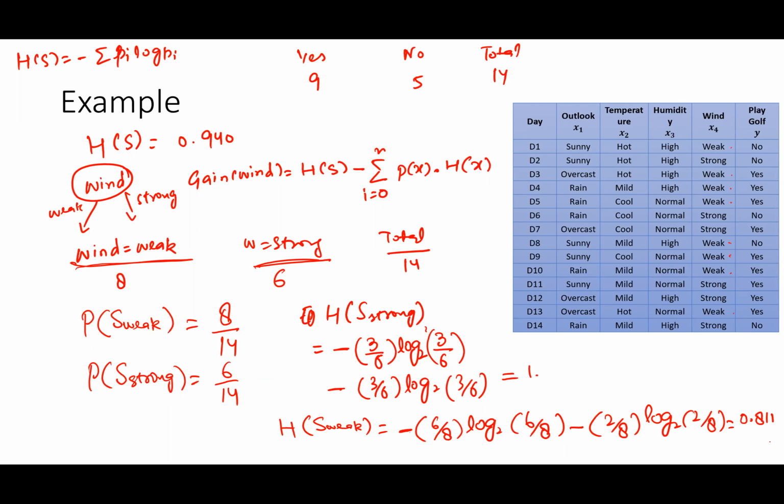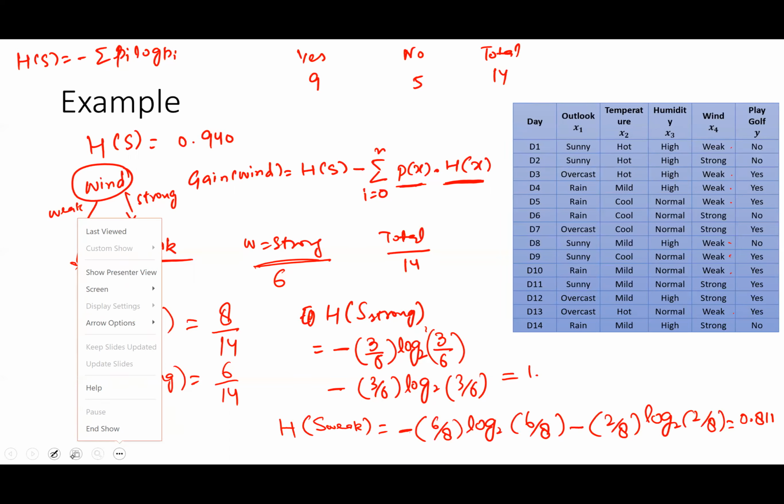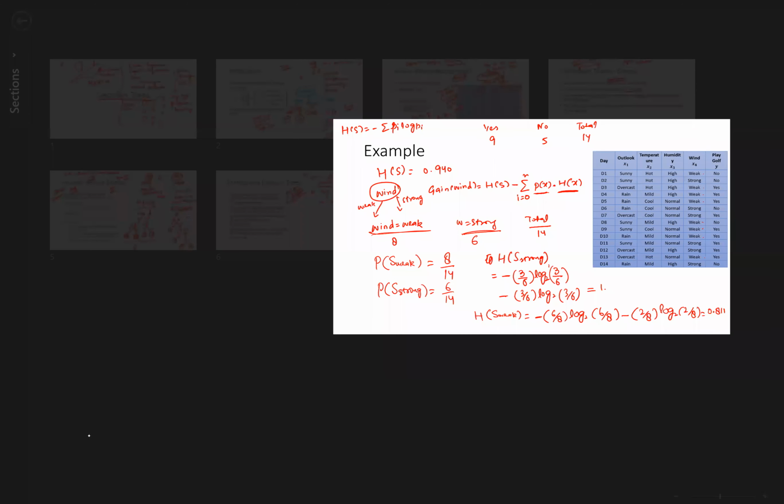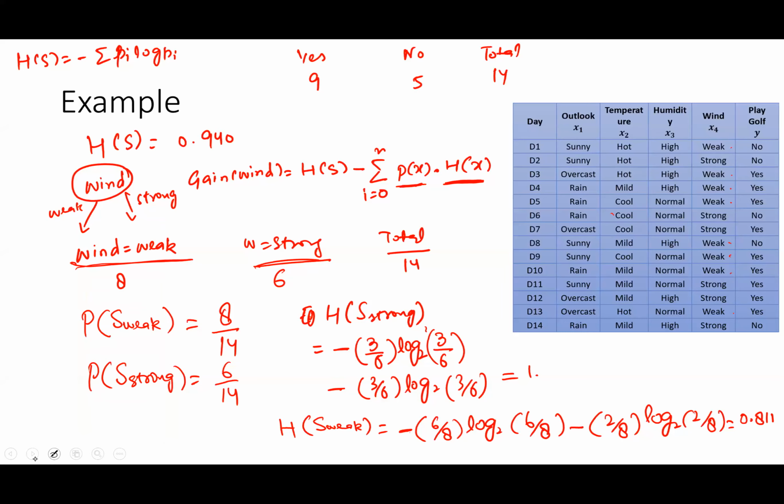Fine. So we found out this part here and this part as well: the probability of wind equal to weak, wind equal to strong, and the corresponding entropies. And then finally we can now find out the information gain.